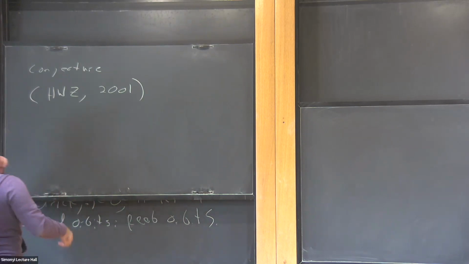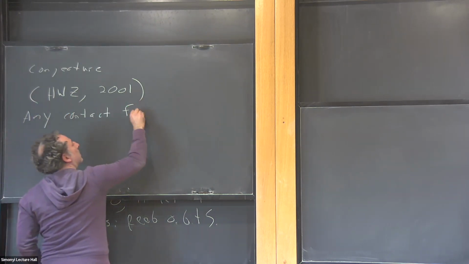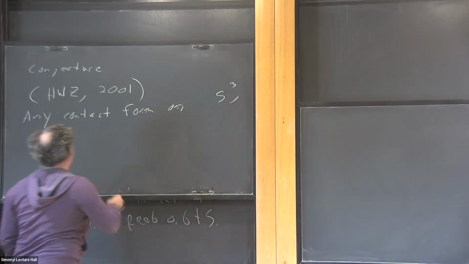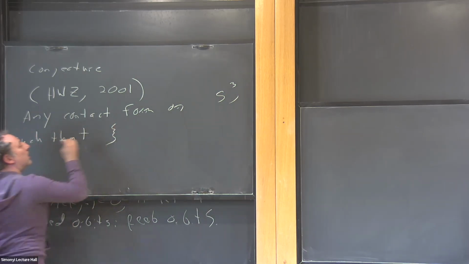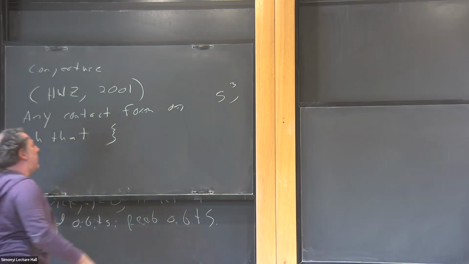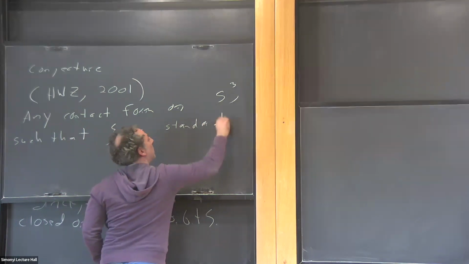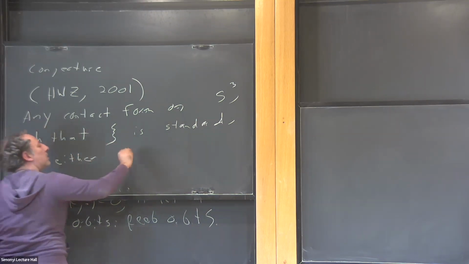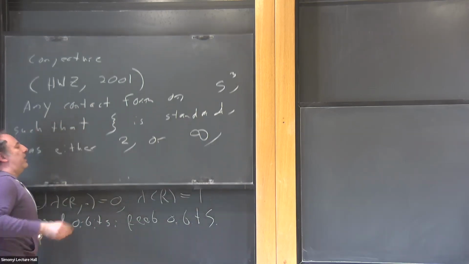So the conjecture says that if I have a contact form on the 3-sphere with associated contact structure being standard, it has either 2 or infinitely many simple Reeb orbits.